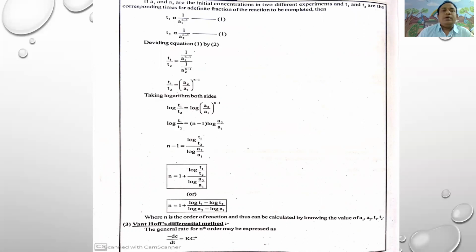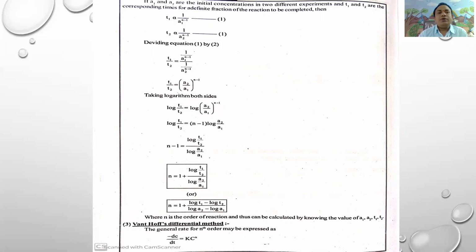That can be written as t1/2 is inversely proportional to a to the power of n minus 1. Here in these reactions, A1 and A2 are the initial concentrations of the two different reactants. T1/2 and T2/2 are the half-life periods of individual reactants.